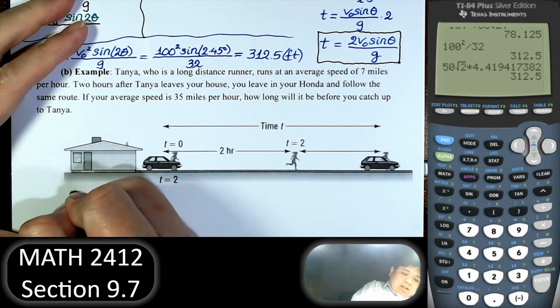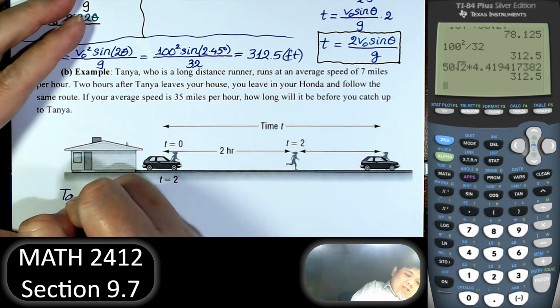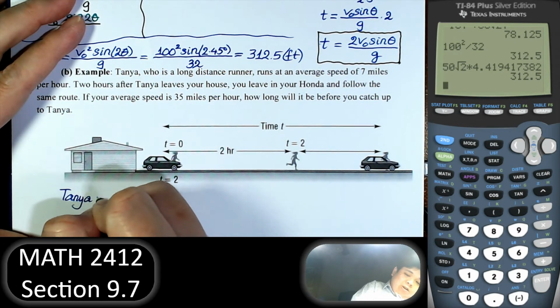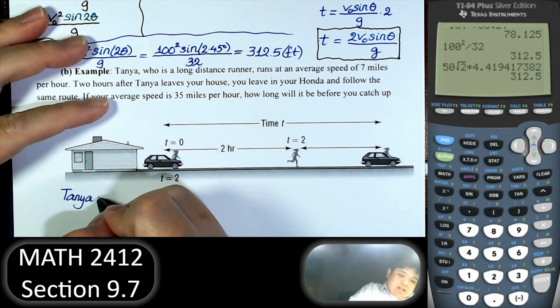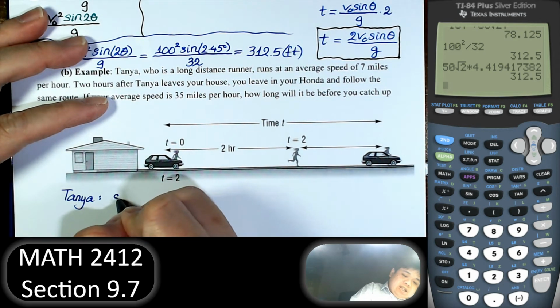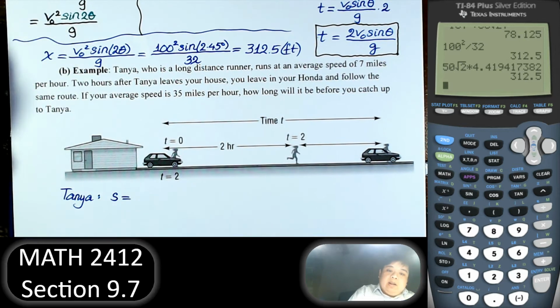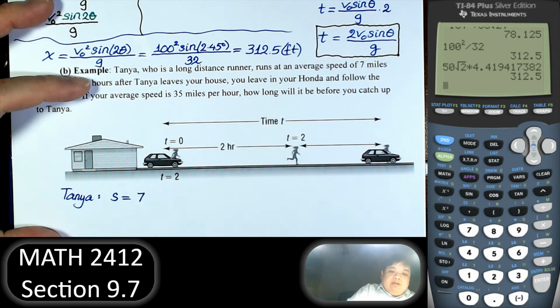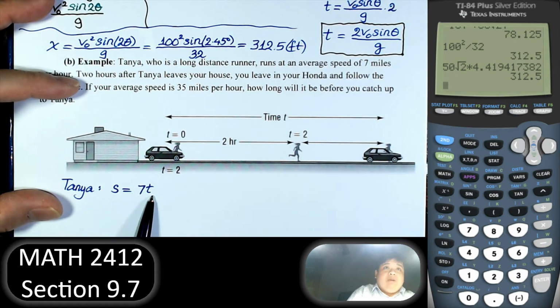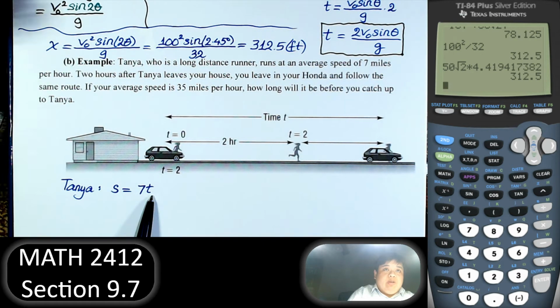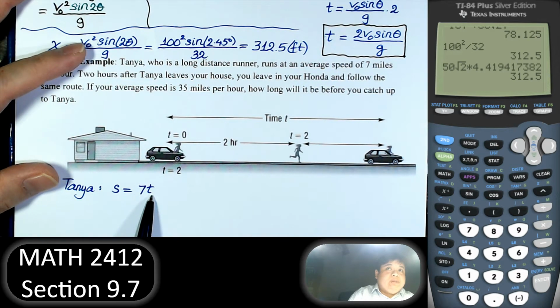So first, for Tanya, 7 miles per hour. What is the distance? The distance is S, 7 miles per hour times time. After 1 hour, 7 miles. 2 hours, 14 miles. 3 hours, 21 miles.